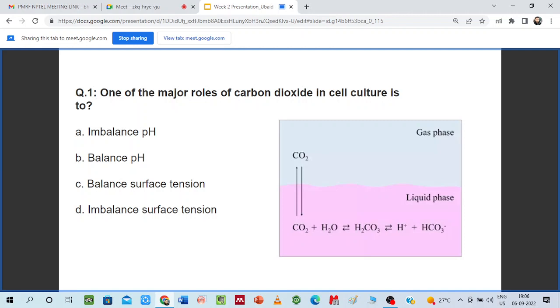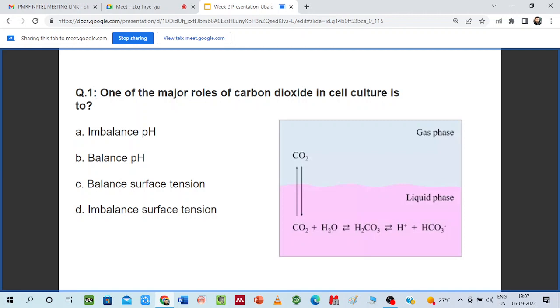The options are: imbalance pH, balance pH, balance surface tension, imbalance surface tension. Yes, majority of you have given the correct answer. The answer is balance pH.